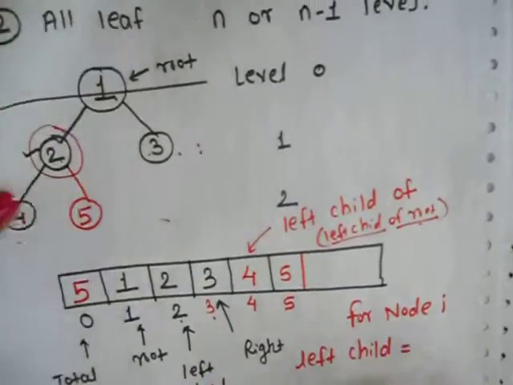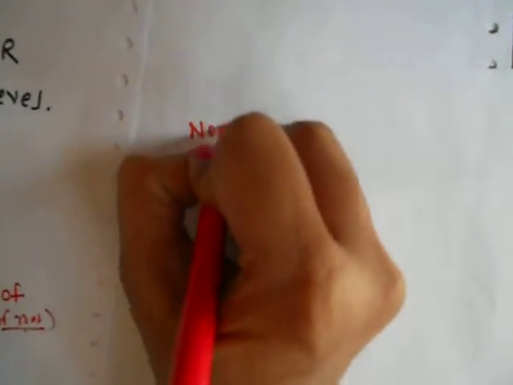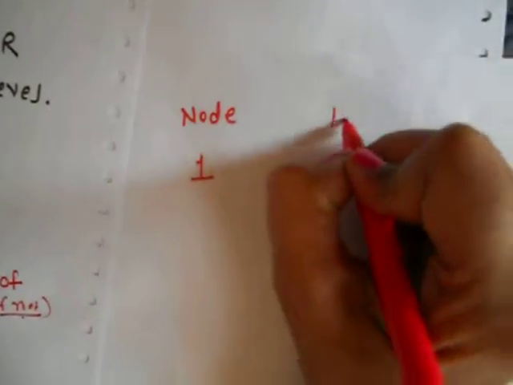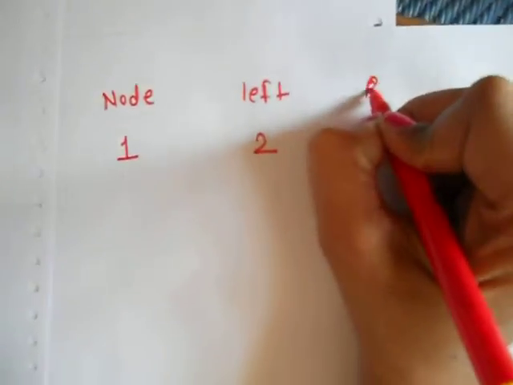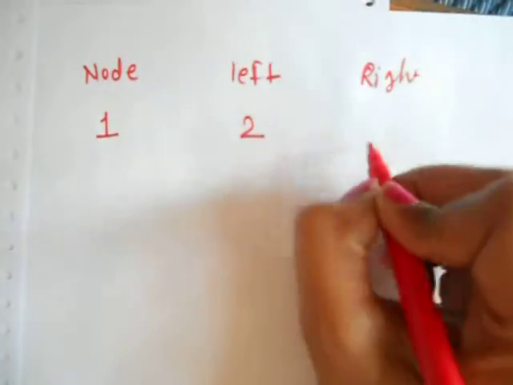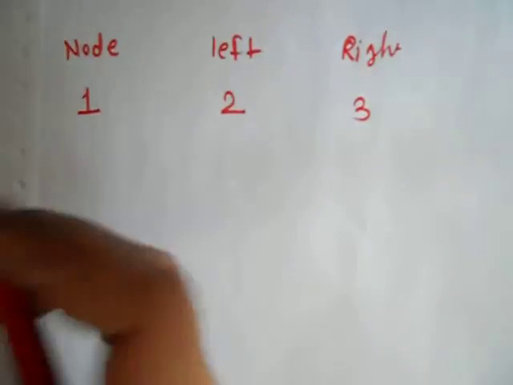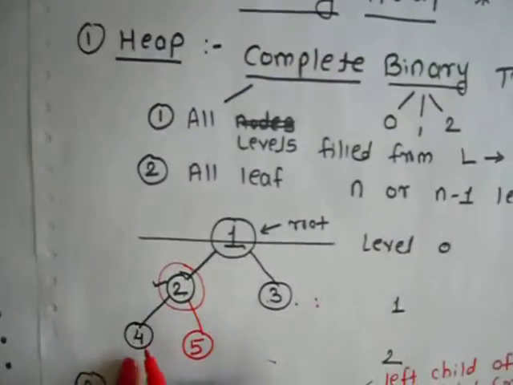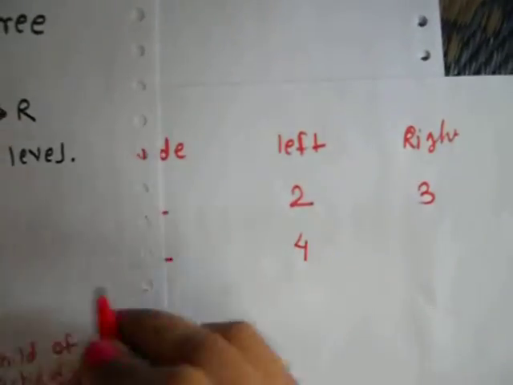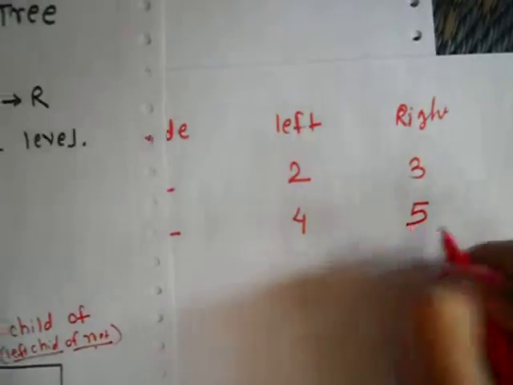So if your node is present at the first position, left child is present at the second position, and right child is present at the third position. If I consider the second node, node number 2, left child is present at the fourth position, and right child is present at the fifth position.